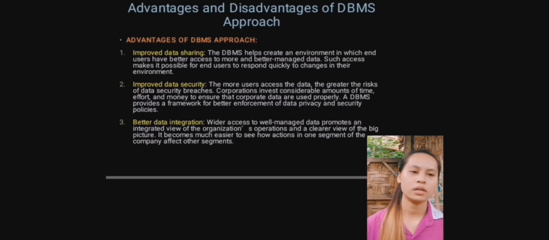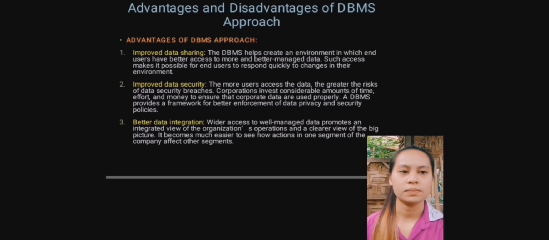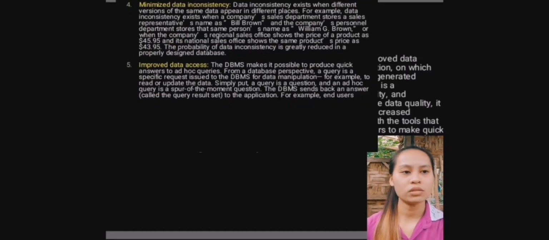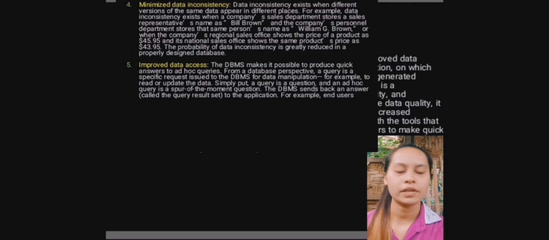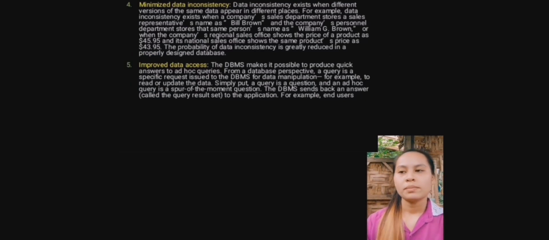Then let's move to the number 4 advantage, which is minimize data inconsistency. Data inconsistency exists when different versions of the same data appear in different places.